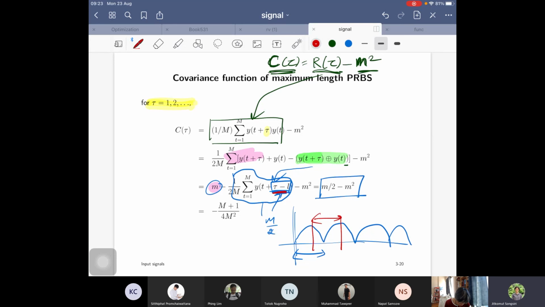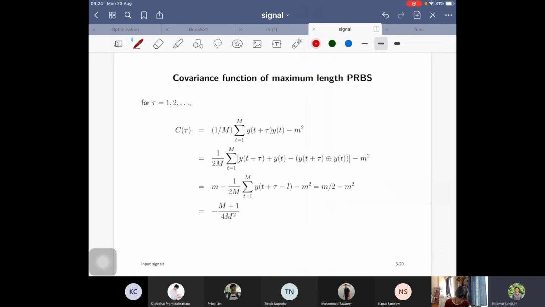That's why the time shift here doesn't matter. As long as you compute the sum over one period, it will still give you the mean, which is m. And with the factor 2 here, you get m half. The result is this m half minus m squared.